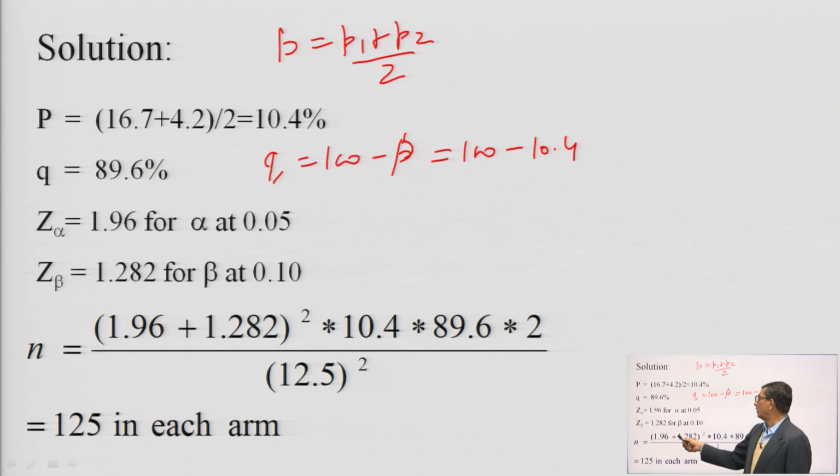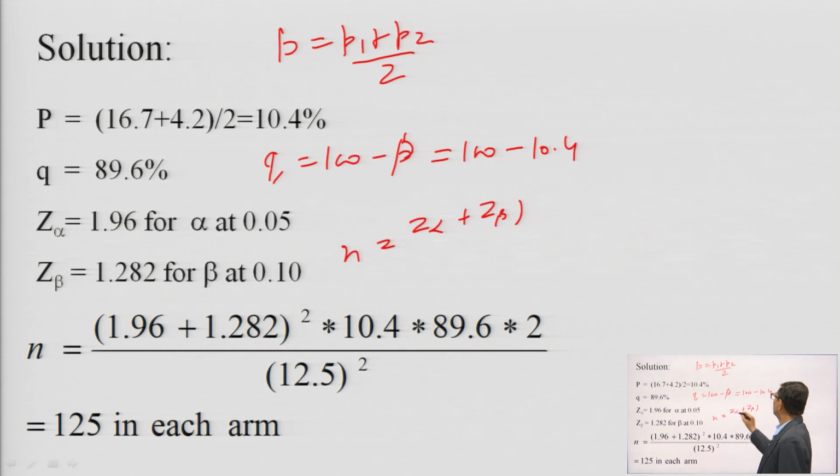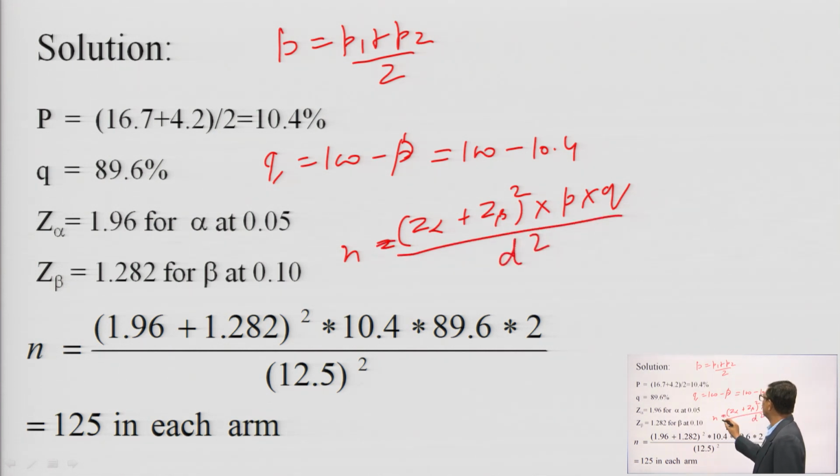So, n equals 1.96 plus 1.28, as the formula is n equal to Z alpha plus Z beta whole square into P into Q upon D square. On putting in these values, we find the sample size is 125 in each arm. That means we will take 125 in the high dose group and 125 in the low dose group.